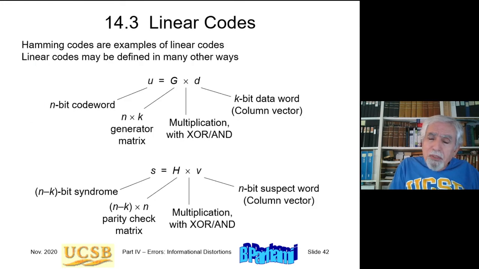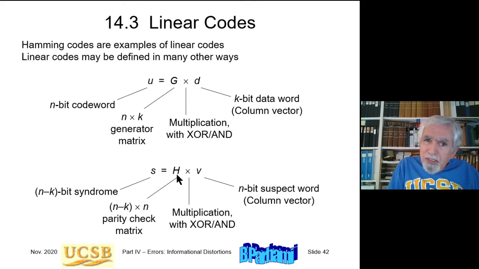Now, linear codes, of which Hamming code is a special case, are defined in terms of either the generator matrix, where the generator matrix multiplied by the data vector gives you the code word, or in terms of its parity check matrix.